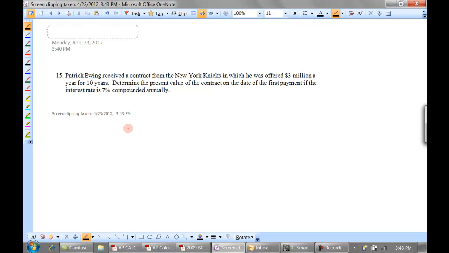So the present value is equal to $3 million that he's offered this year, plus $3 million divided by 1.07 for next year, plus $3 million divided by 1.07 squared for the money he's offered in 2 years.